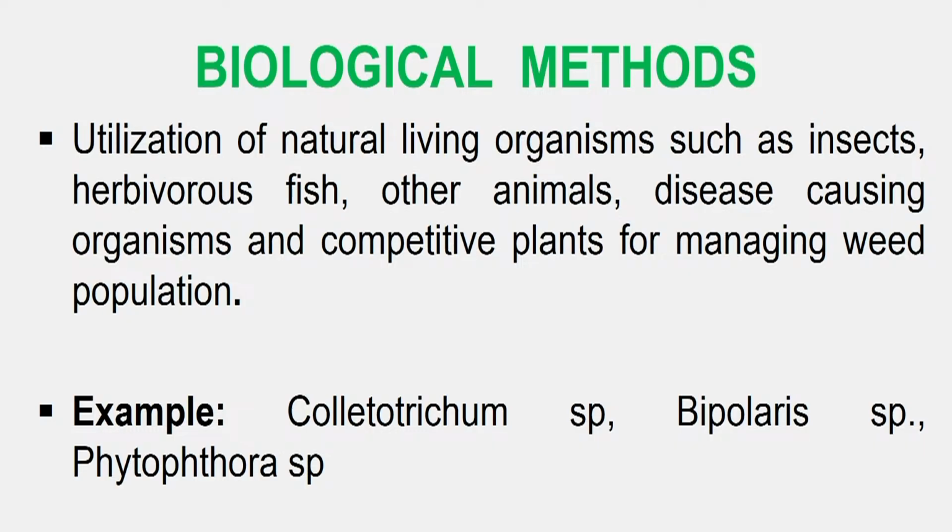These methods are the most sustainable and economical way of managing the weeds, and some of the organisms that can be used in this method are Colletotrichum species, Bipolaris species as well as Phytophthora species.